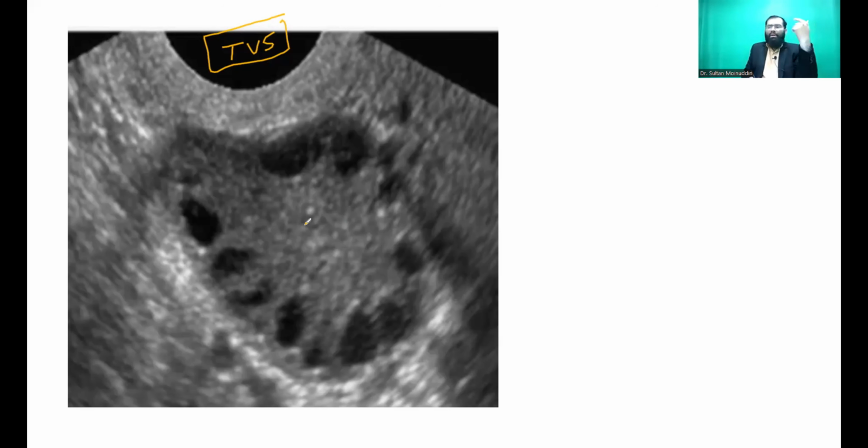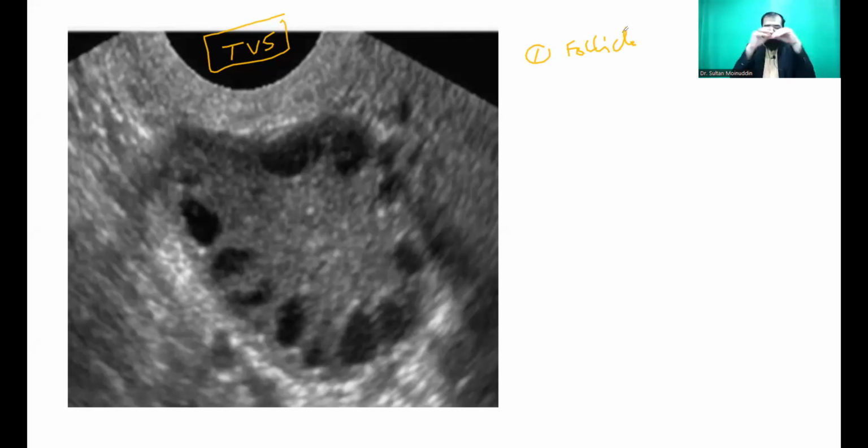Second important thing, sometimes if you take a transabdominal scan, you might not see the ovaries. So in those patients, you can take a TVS scan and the ovaries get visualized very nicely. Now, a commonly used indication where we do TVS is follicle monitoring. Usually when patients come for follicle monitoring, many a times you will find that these patients are fat, obese patients.